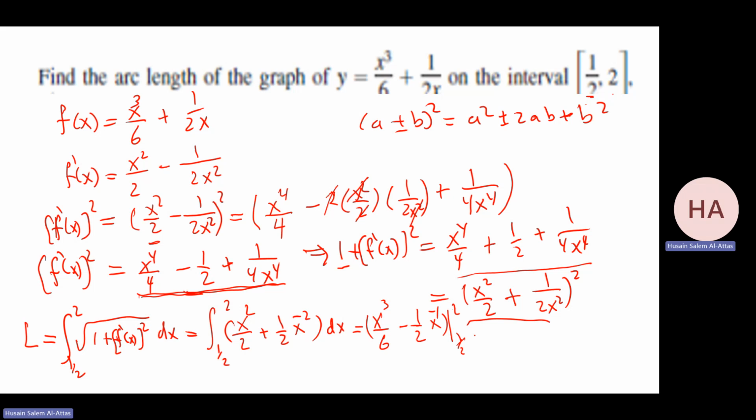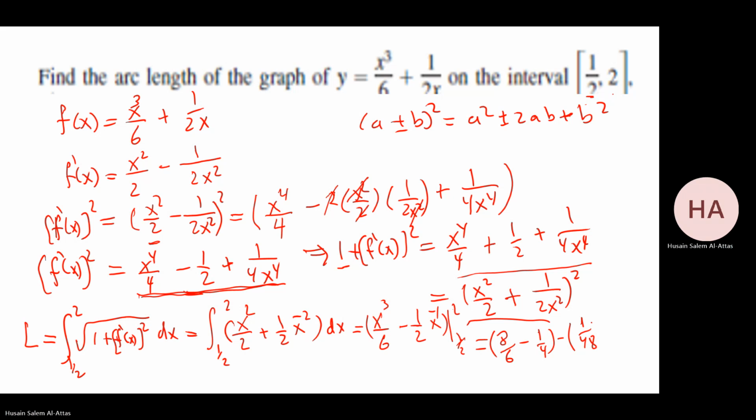So that equals, just substitute now. Do the calculation. 8 over 6 minus 1 over 4 minus, for the half, that will be 1 over 8, so 1 over 48. 8 times 6, 48.